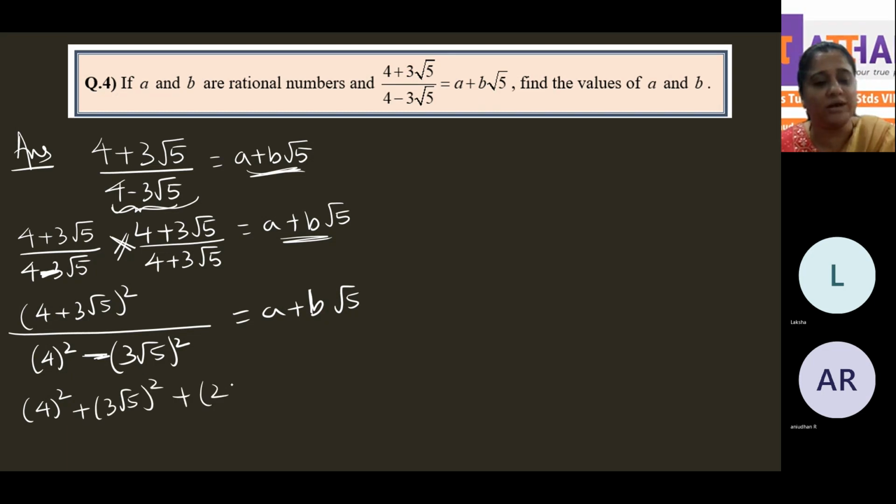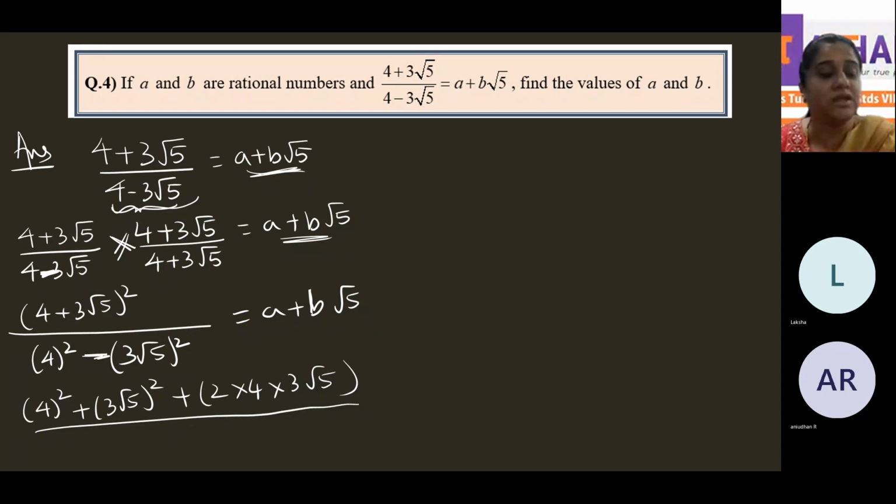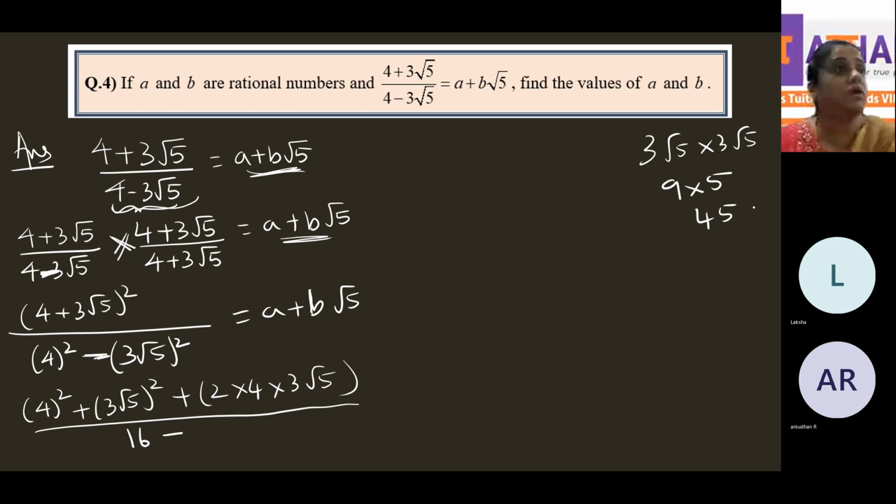Then plus 2AB, plus 2 into A into B, divided by 4 square, which is 16, minus 3 root 5 the whole square. 3 root 5 into 3 root 5: 3 3s are 9, root 5 into root 5 is 5, 9 5s are 45. Is equal to A plus B root 5 as it is.